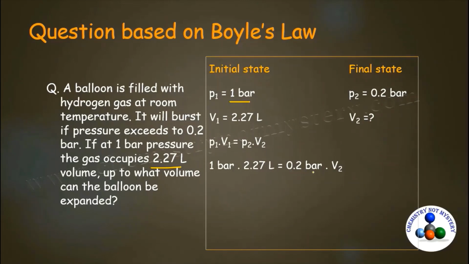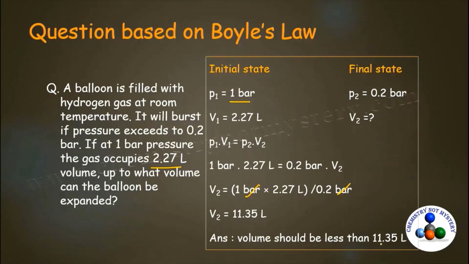Now transfer 0.2 bar to the other side of the equation. So here you will get V2 equal to 1 bar multiplied by 2.27 liter divided by 0.2 bar. Here bar will get cancelled out with bar and on dividing 2.27 by 0.2 you will get 11.35 liter. This will be the V2 volume. So your answer will be: volume should be less than 11.35 liters.